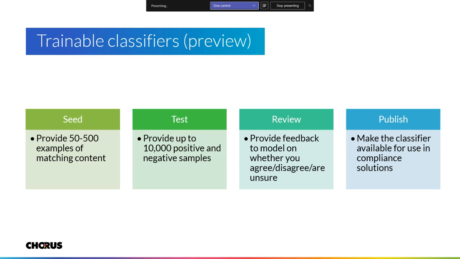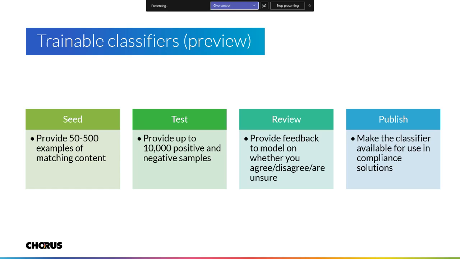The way this works at a high level, you start with a seeding process. So you give your classifier somewhere between 50 and 500 examples of matching content. If you're trying to match invoices, you give it 50 to 500 invoices, as diverse as possible. It will go away and build an initial algorithm based on that content.